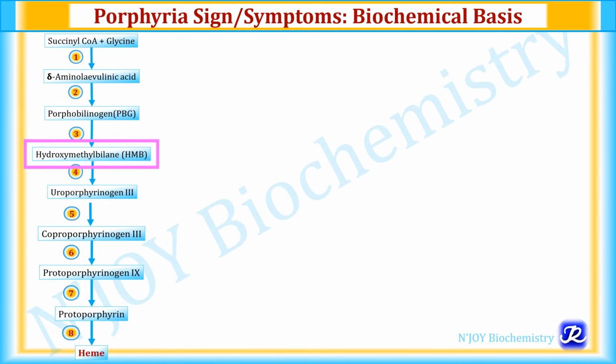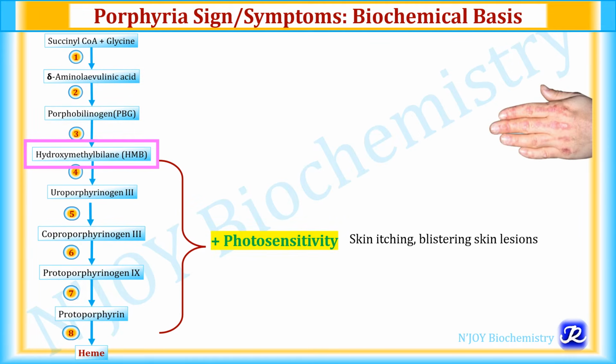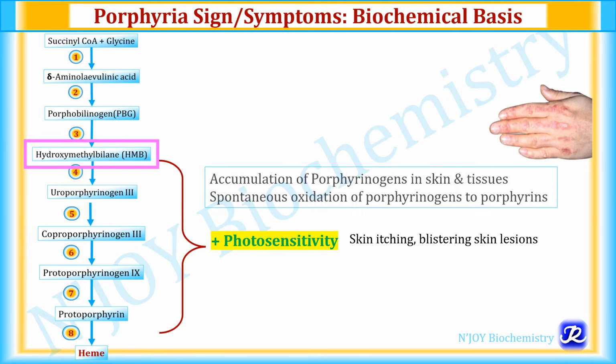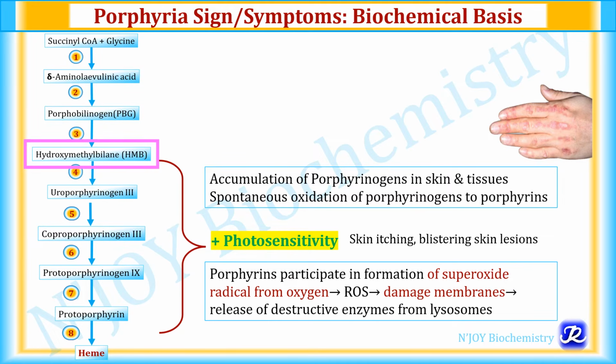Now, if the defect lies below the formation of hydroxymethylbilane, then there will be increased levels of porphyrins, and these porphyrins will result in photosensitivity, which is characterized by skin itching and blistering skin lesions. There will be accumulation of porphyrinogen in the skin and tissues, and spontaneous oxidation of these porphyrinogens to porphyrins, which is responsible for this photosensitivity and dermatitis.